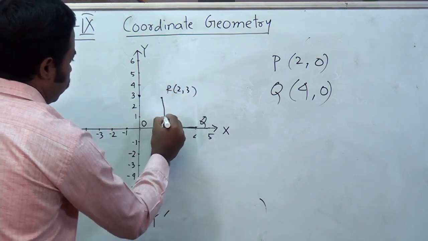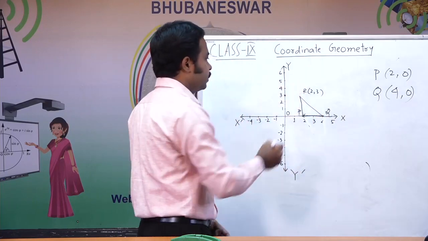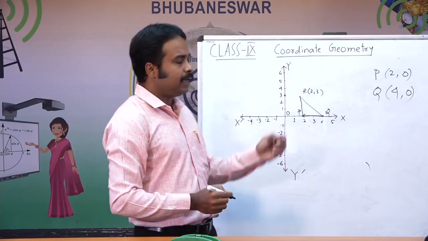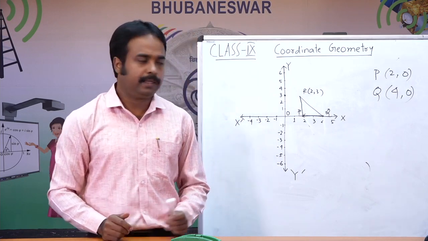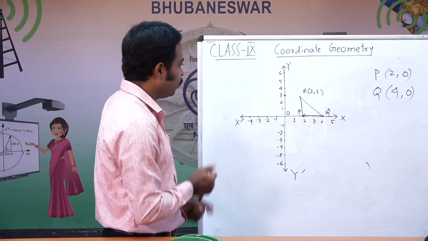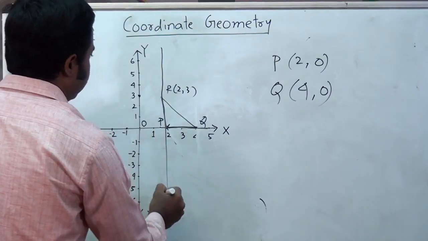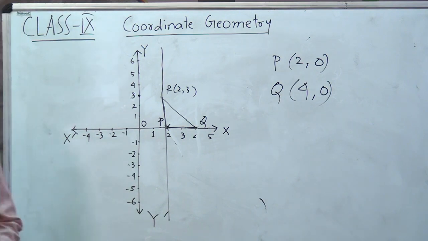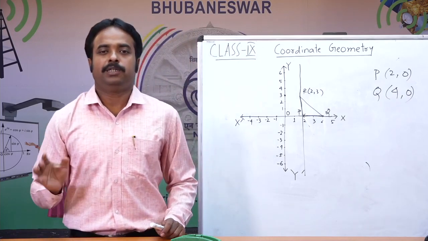then also if we join this, we will get a right triangle, and the triangle is PQR. Therefore, if you take any point along this line, we will get a right triangle. So here the point R is not unique.